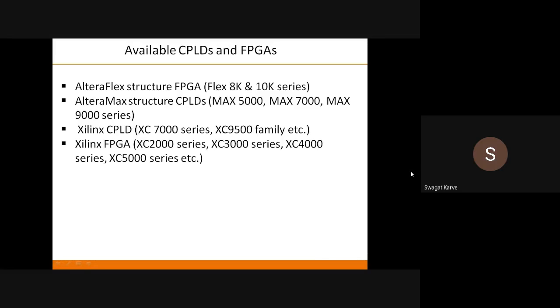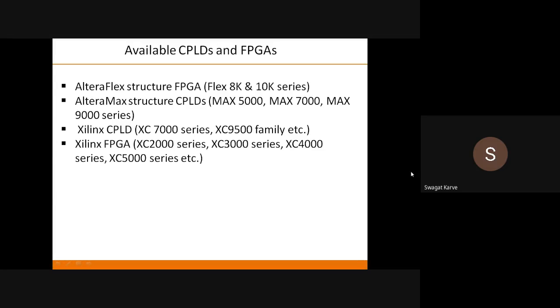So these two categories come under the PLDs, programmable logic devices. Okay, so this is about the classification. Now we have to go through the different CPLD and FPGA architectures of some commercial devices that are being used in industry to develop different applications.